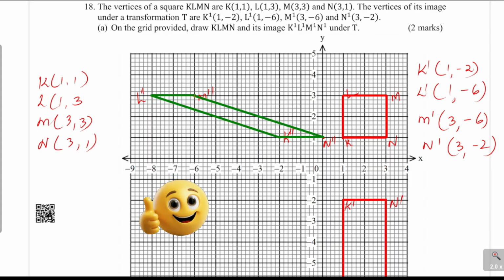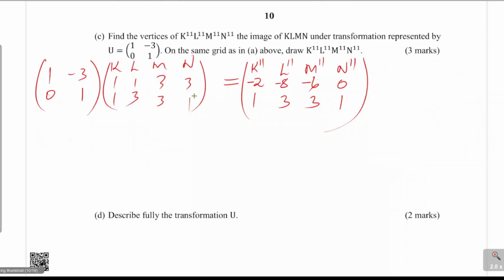So we've done that part. We're through with plotting. So we've drawn it. From there, we are supposed to describe that transformation fully.